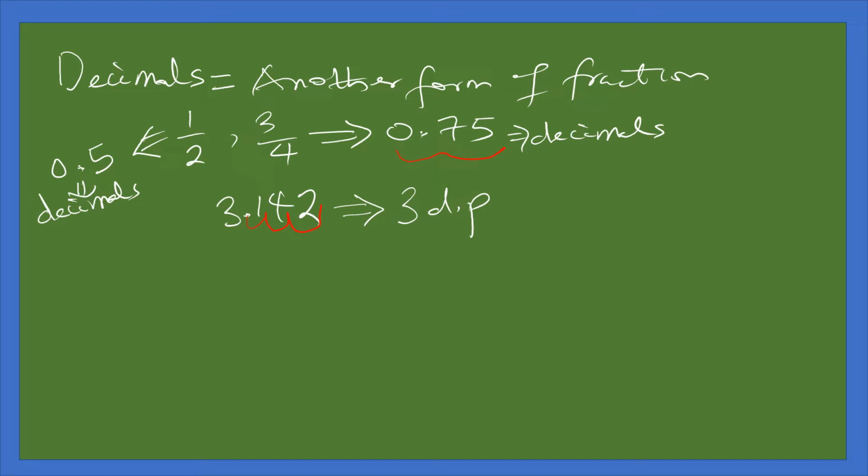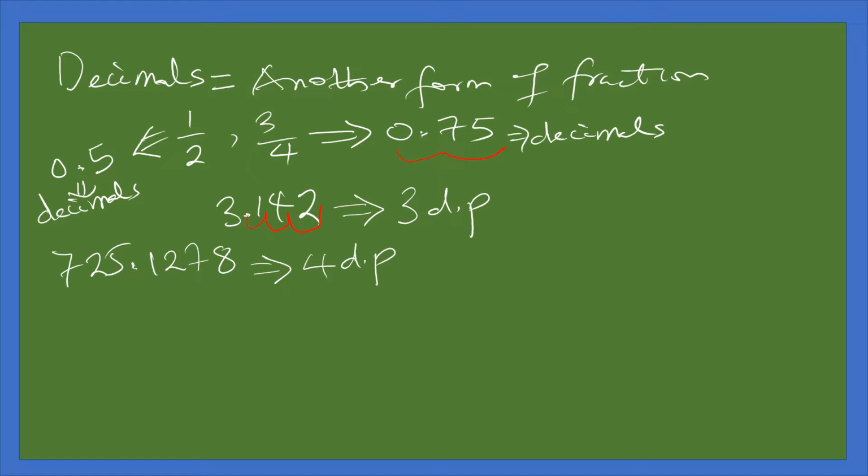Let's take another one, 725.1278. You are now asked, to what decimal place is this number written? The answer is simple. How many figures do we have after the point? We have 1, 2, 3, 4 numbers. So the number is written in 4 decimal places.